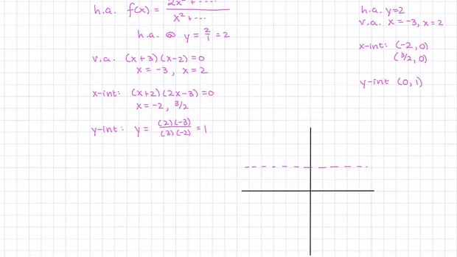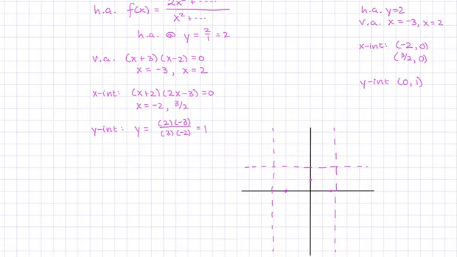We know we have a horizontal asymptote at y equals 2, a vertical asymptote at x equals -3, and x equals 2. And we have x-intercepts at (-2, 0) and (3/2, 0), and then a y-intercept at (0, 1). And that's all we need. We now know our graph.